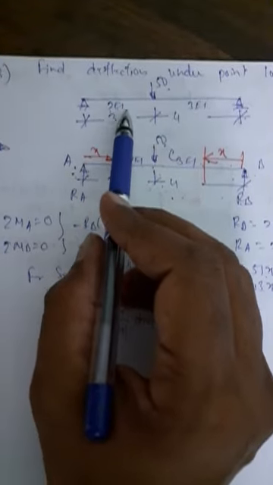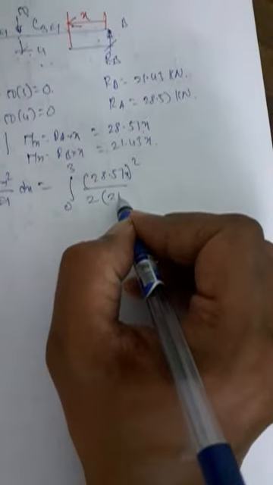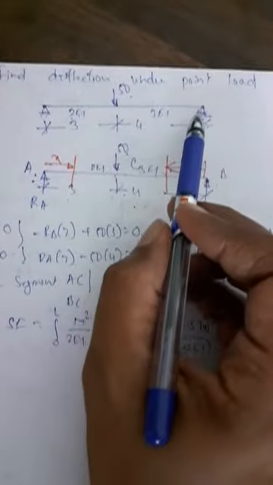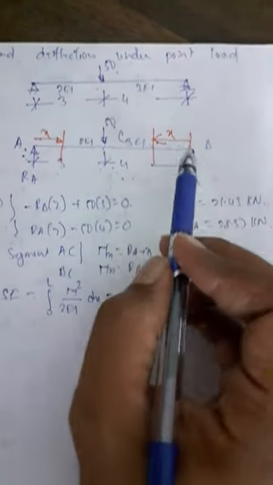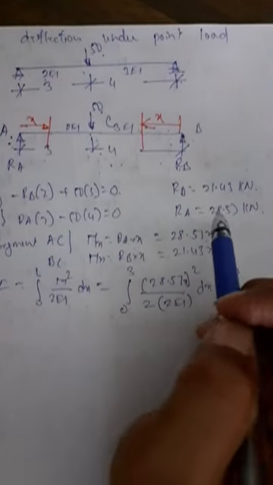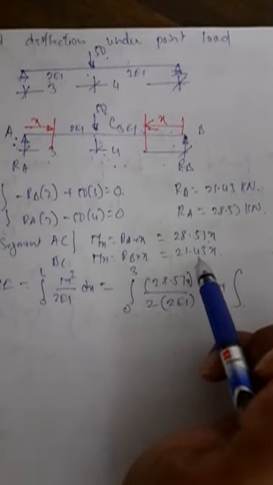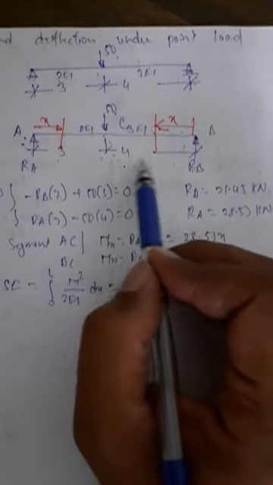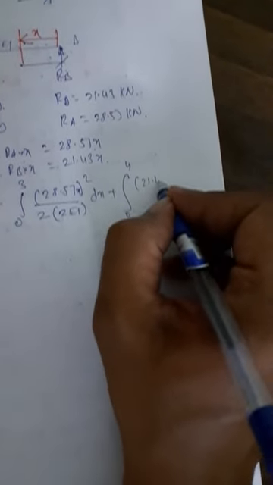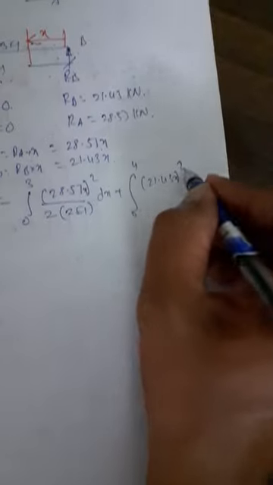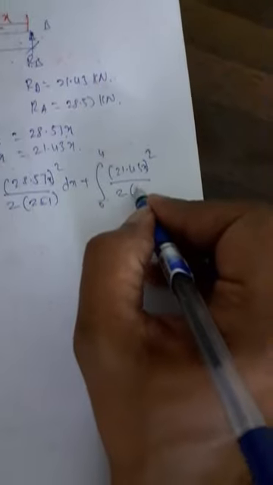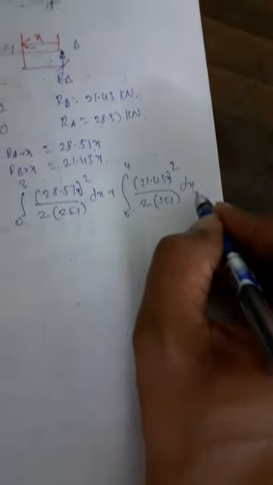Here the EI value is 2 EI, so 2 into 2 EI dx, plus, now for BC, Mx is 21.43 x, limits are 0 to 4. 21.43 into x, bracket square, divided by 2 into, here the EI value is 3, 2 into 3 EI dx.